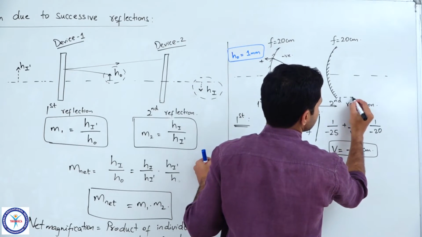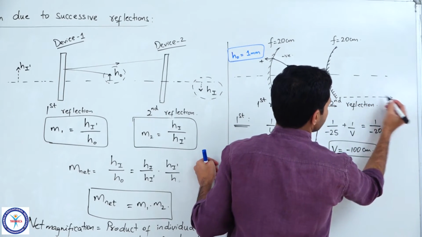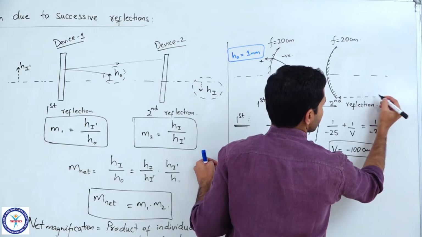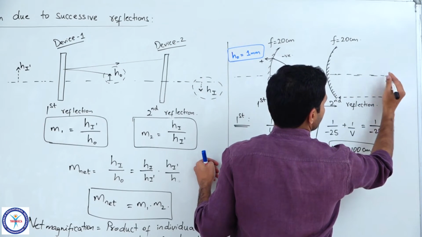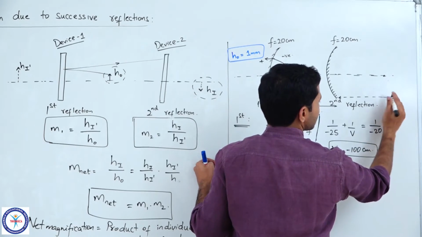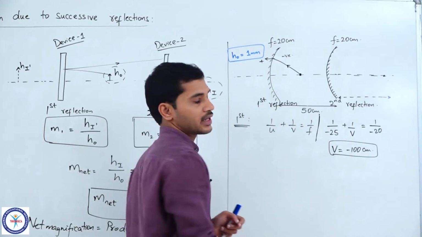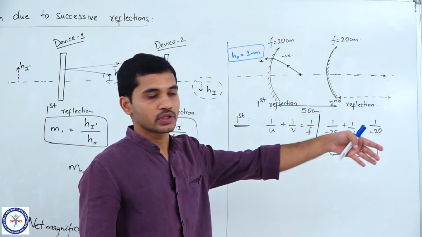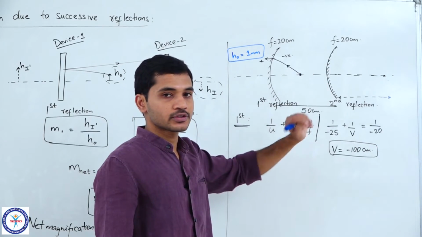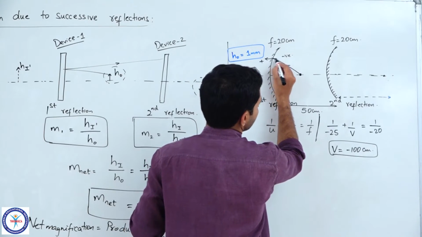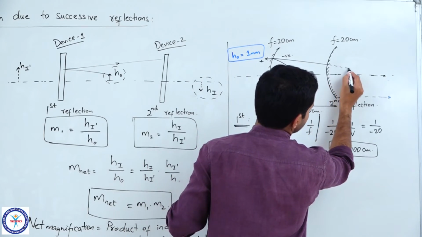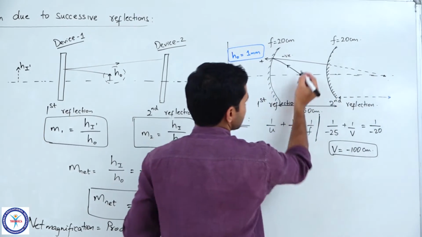So if I take another 50 centimeters behind, somewhere over here, that is where this light ray goes and meets, or at least tries to go there if that convex mirror was not there. So this light ray after reflection from the concave mirror goes like this and tries to reach this particular position, right.